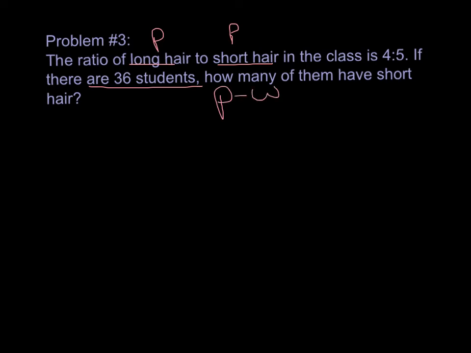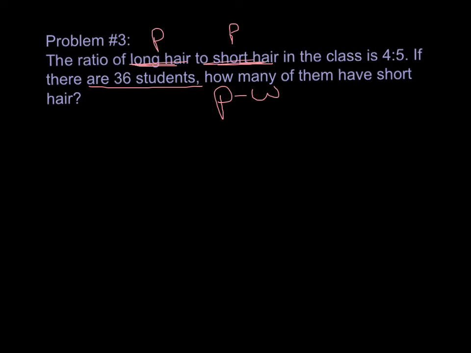So we're going to have to do a couple of things in this problem. The first thing that we need to make sure of, when we're writing a ratio, whether it's in a ratio table or whenever we're setting a problem up to solve, is that we pay attention to the order in which the information is presented. In this case, the information is presented from long hair to short hair.